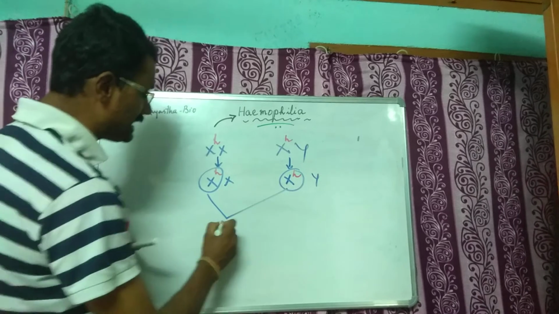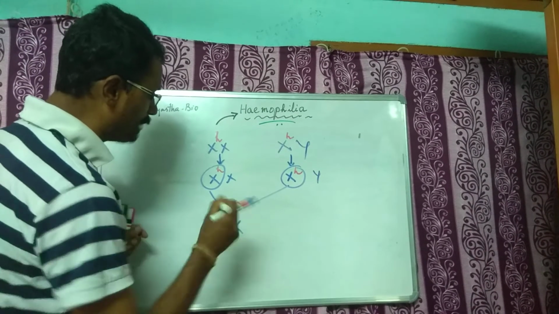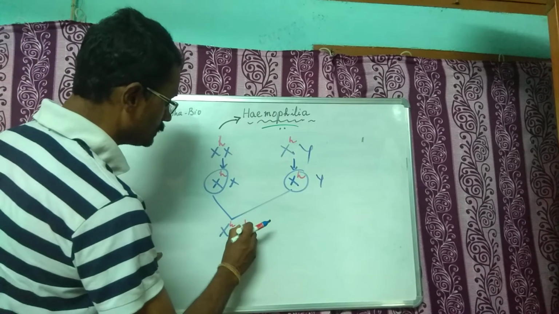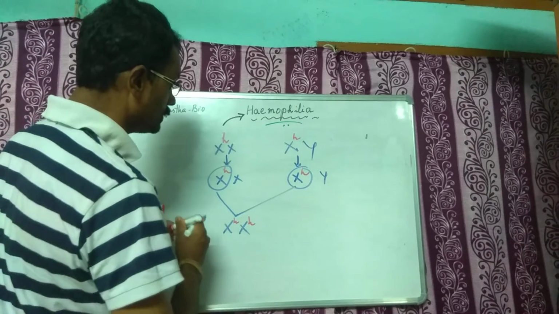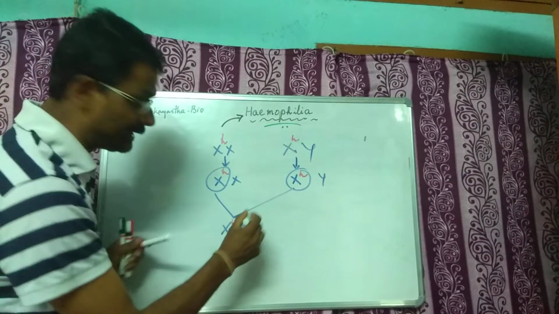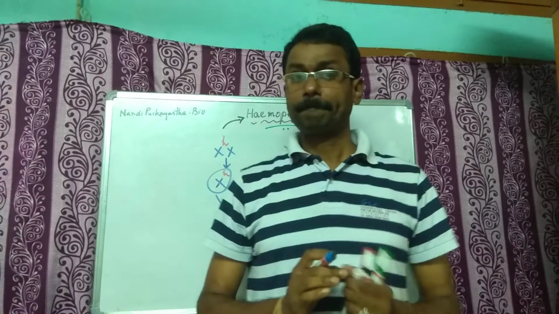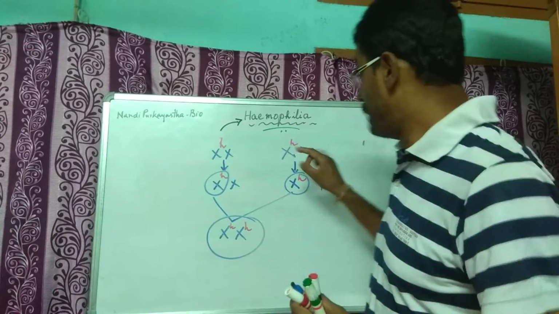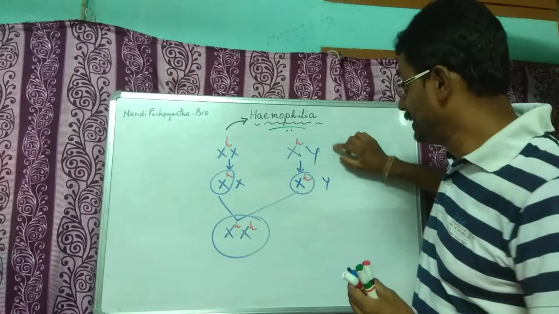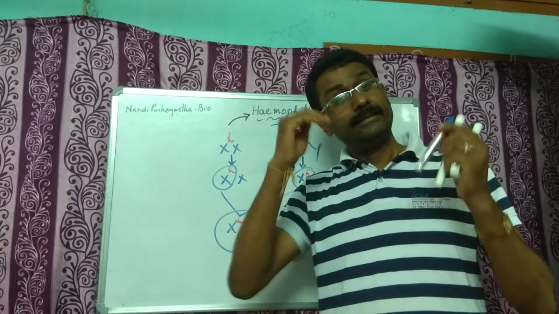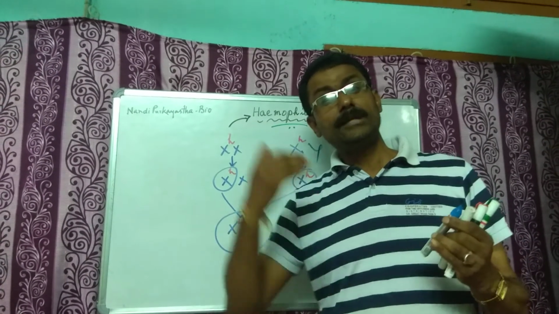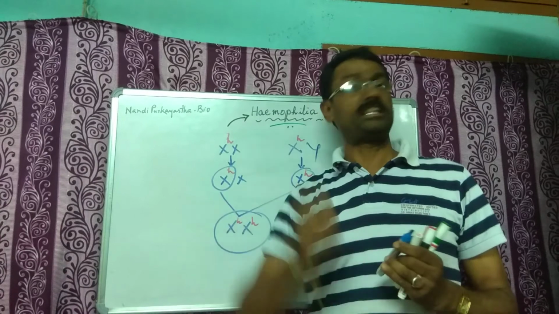In this case, if X unites, then only do you find the woman to have the disease. Clear? But this condition doesn't let a male reach a marriageable stage.